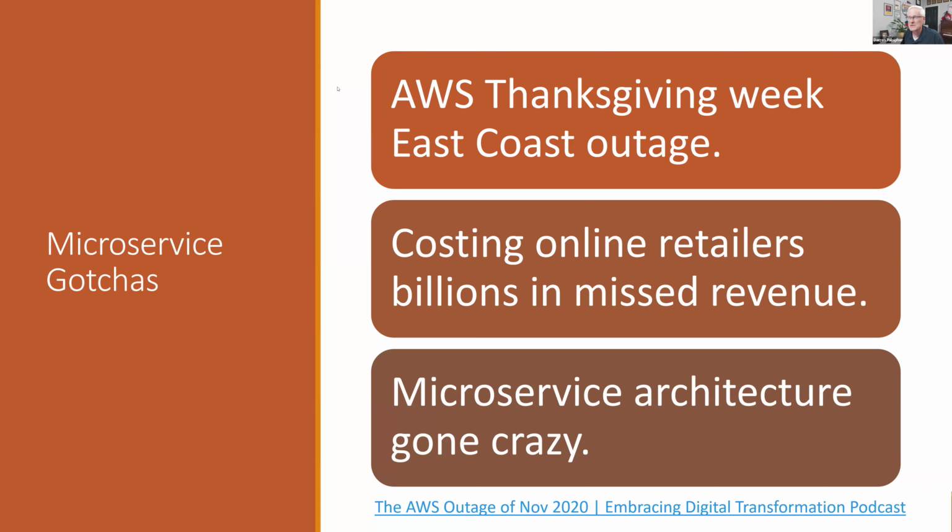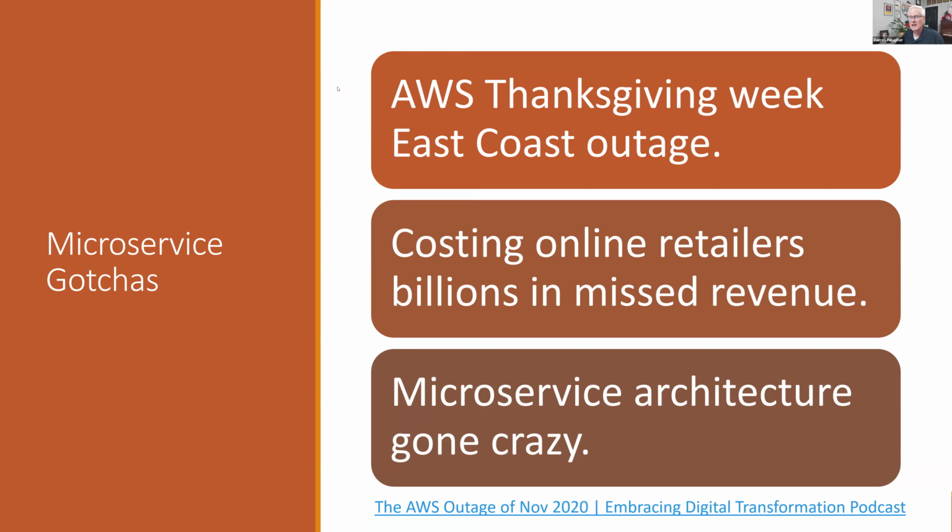AWS was down for almost 12 hours on Black Friday on the East Coast. Now, for organizations that only had their applications running in one region, this was devastating because Black Friday is the largest retail day in the United States.